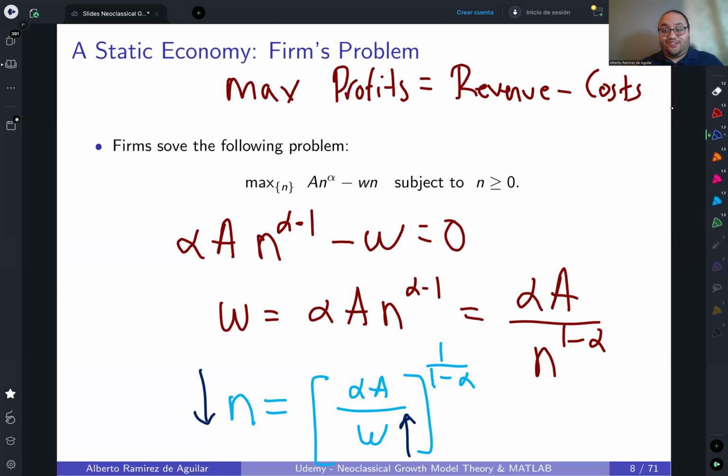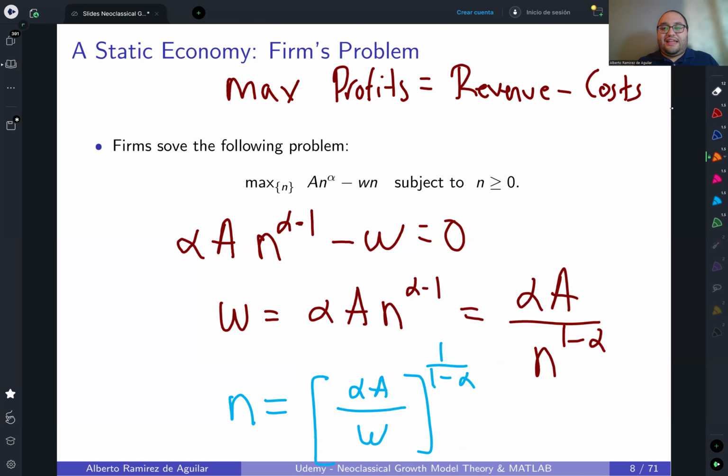Another important prediction of this is that as firms are more productive, and remember this is captured by the parameter A, they are going to demand more labor. So another implication of this model is, if there's a technology improvement in the economy, we should expect labor to go up. Now, this is the labor demand function because it's exclusively a function of the parameters, which are alpha and a, and the prices. There's no other variable involved here.